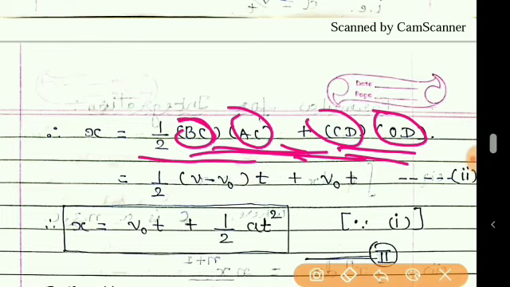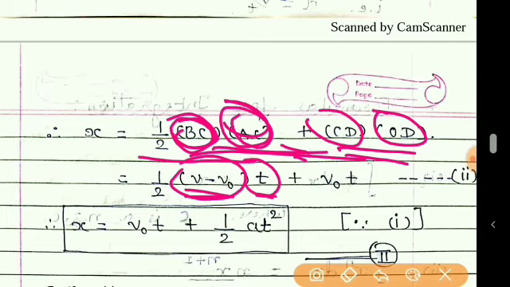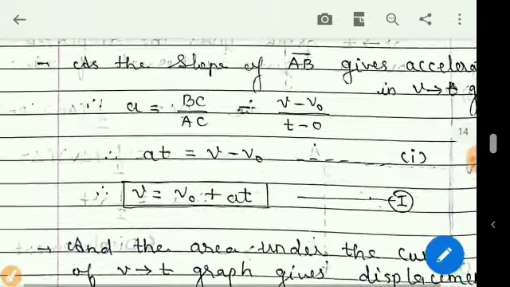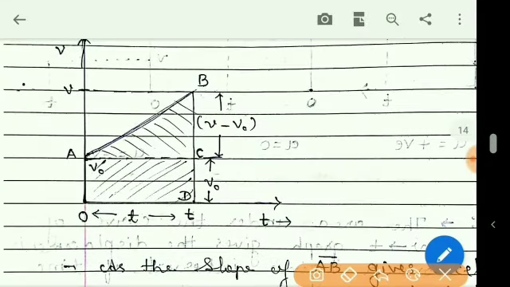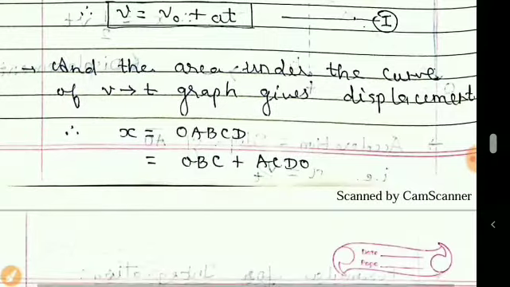Now what is BC? It is V minus V naught. And what is AC? It is T. So BC into AC is this into this, and half is as it is. You can see this much BC is V minus V naught, and AC, this much part, is nothing but time T. So I have done the same here.